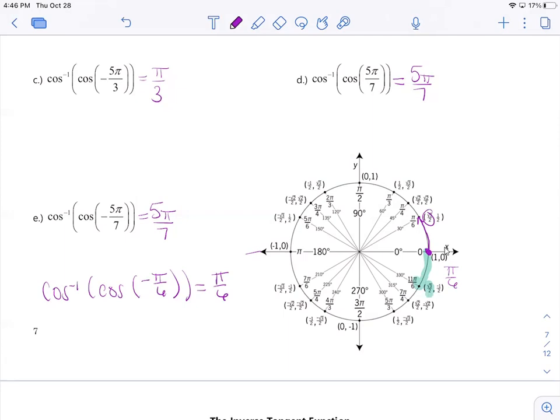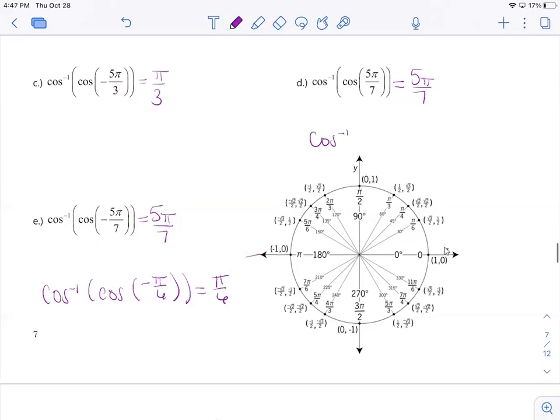I'm going to just do one more, and then I should stop this video because it's getting too long, I know. Okay, so say I add one more: inverse cosine composed with cosine of 5 pi over 4.